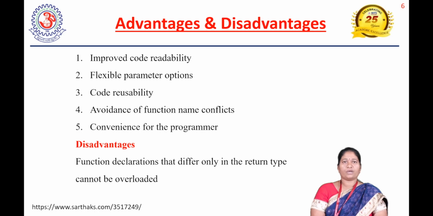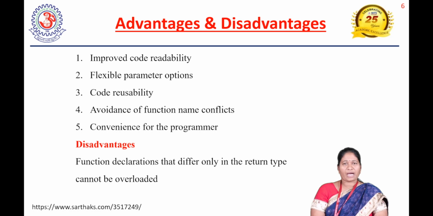Next is code reusability. The main thing about a function is that we categorize many lines of code together. So the same module or function, we can use in many places for different purposes. That is called code reusability. After that, avoidance of function name conflicts.